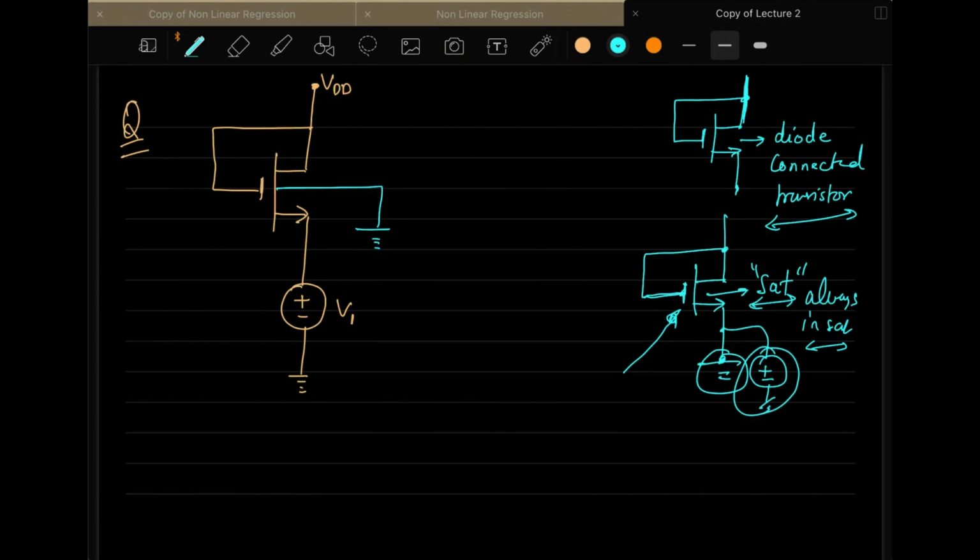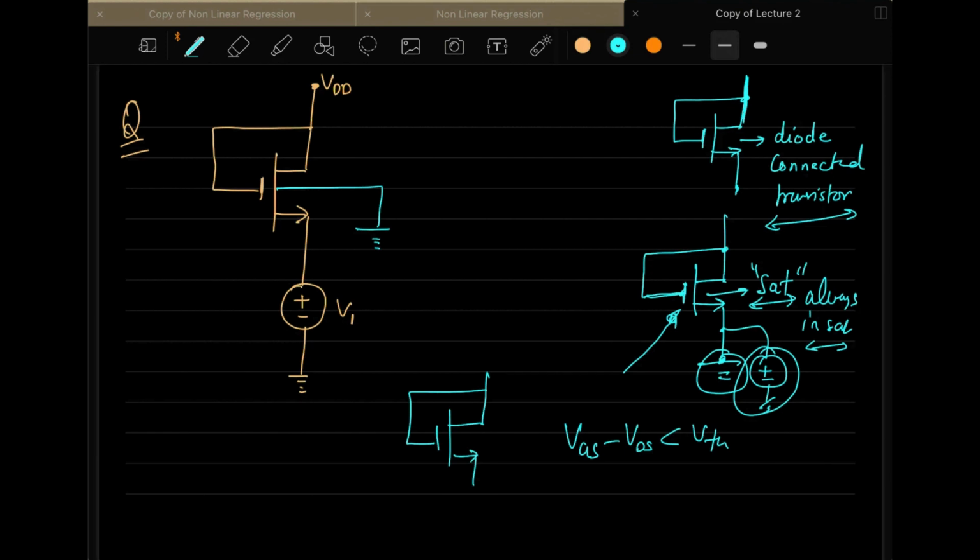Okay, when I am saying that you have a transistor like this, and if this transistor's gate and drain are connected, then this transistor is always in saturation. And the reason is very simple. You write this equation again, which is for the saturation condition.